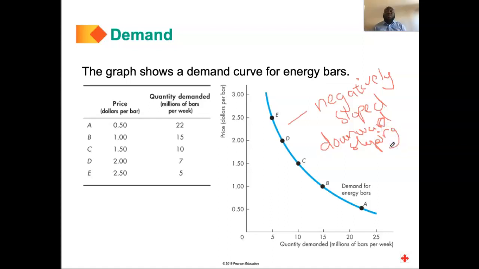Why? Because as price increases, quantity demanded decreases, and as price decreases, quantity demanded increases. And this is due to the law of demand, LOD. So that actually determines our demand curve.